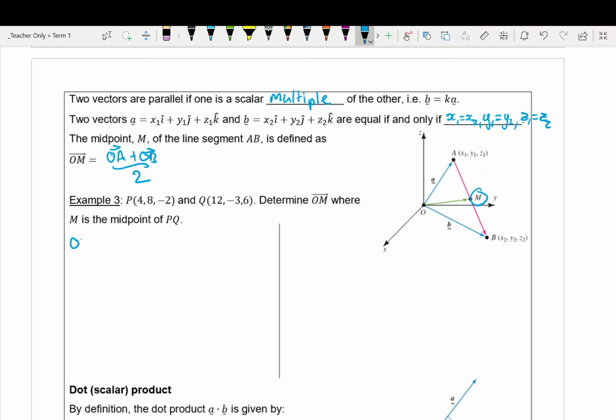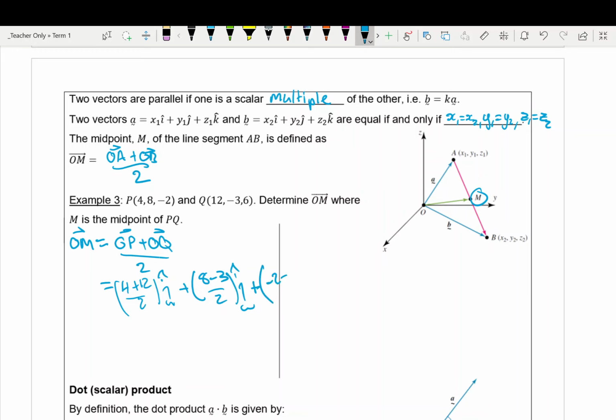So O to M equals O to P plus O to Q over 2, which is going to give us 4 plus 12 onto I plus 8 take 3 onto J plus negative 2 plus 6 onto K, which is equal to 8I plus 5 halves J plus 2K.